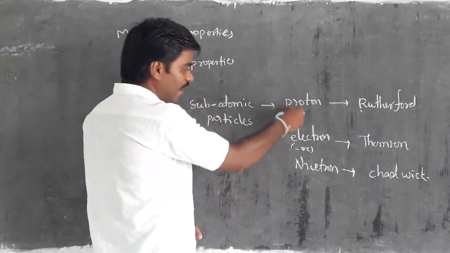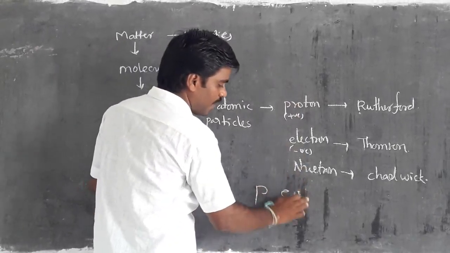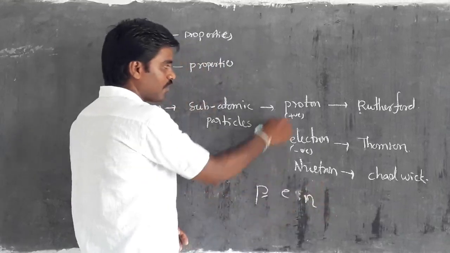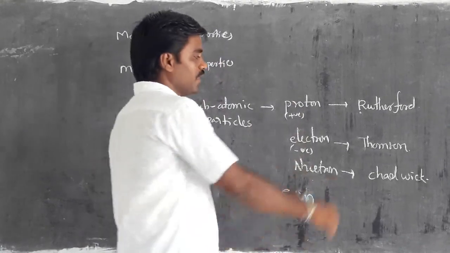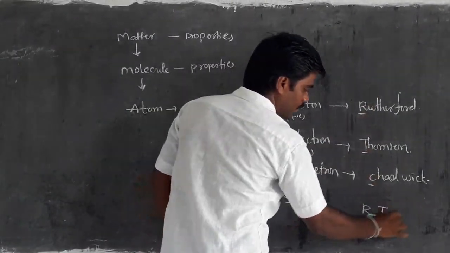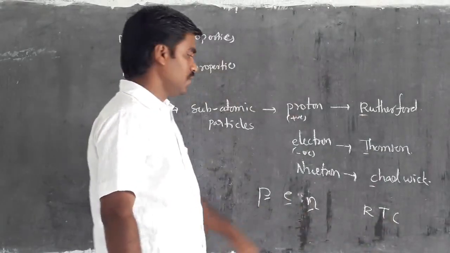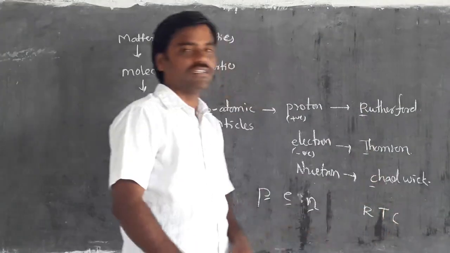Then there is a short clue. I am writing PEN: P stands for proton, E stands for electron, N stands for neutron. Then take the first letters RTC: R stands for Rutherford, T stands for Thomson, C stands for Chadwick.